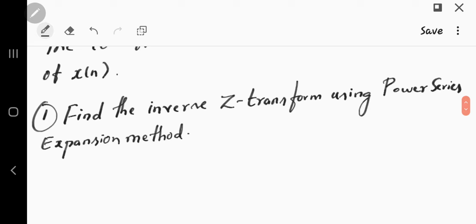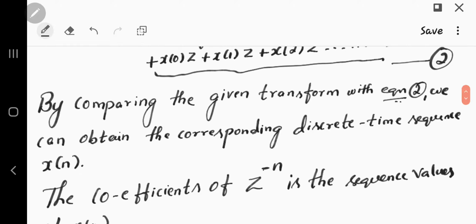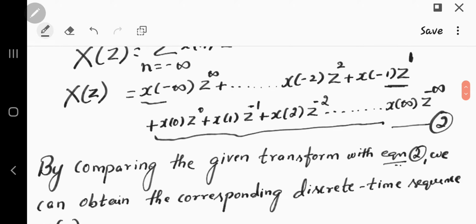So note that if it is asked as partial fraction expansion, you have to use that method only. If it is mentioned as power series expansion, then you have to use the power series expansion only. Now this expression of power series you have to remember.